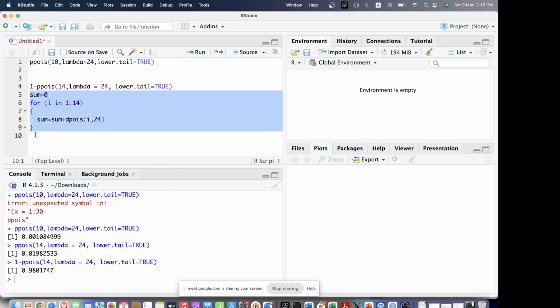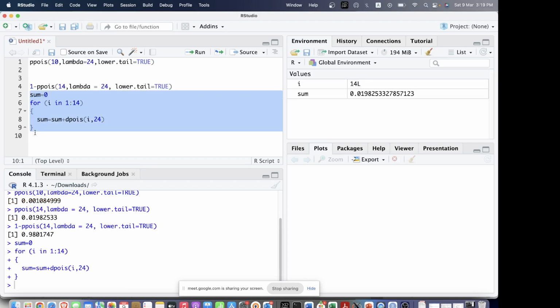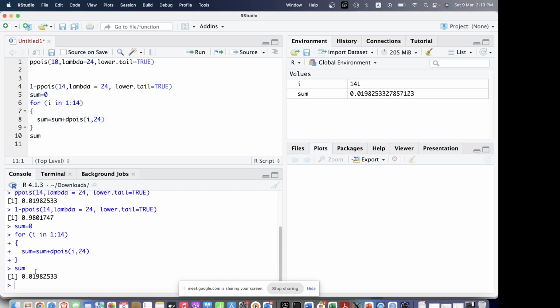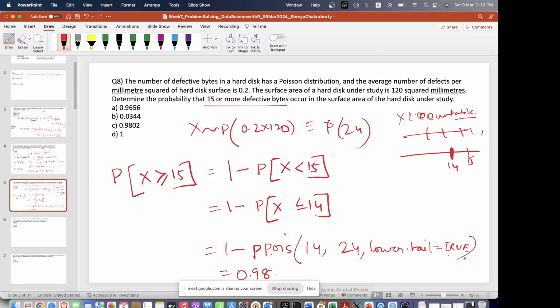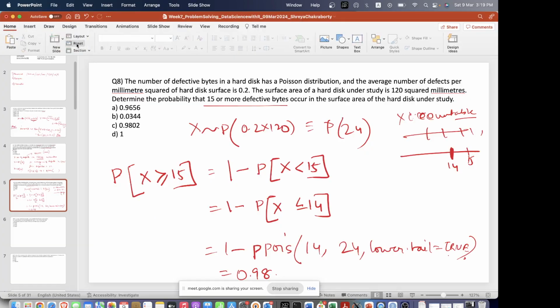I'm going to check whether this matches with 0.198 or not. So what is my sum value? This is also 0.198.